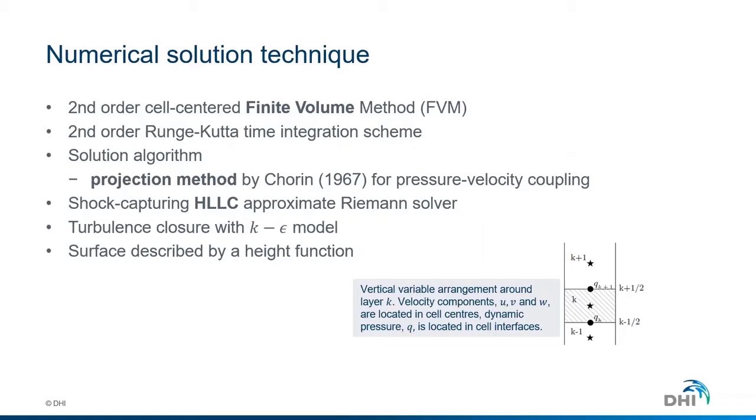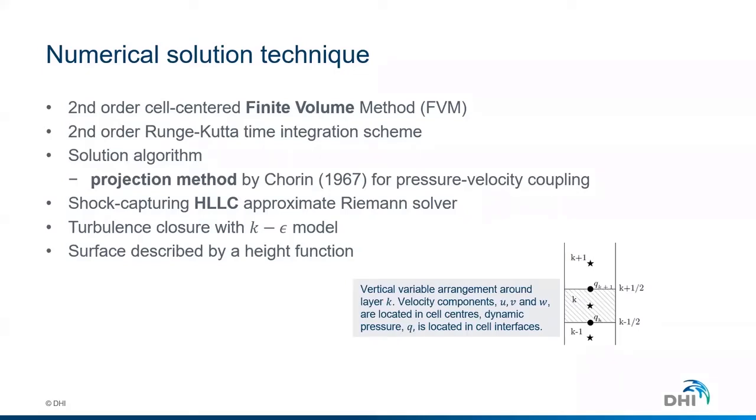We have also implemented, in order to capture these overtopping effects, a flood and dry algorithm, which allows our surface to briefly dry out in places where we have bathymetric changes or increases.